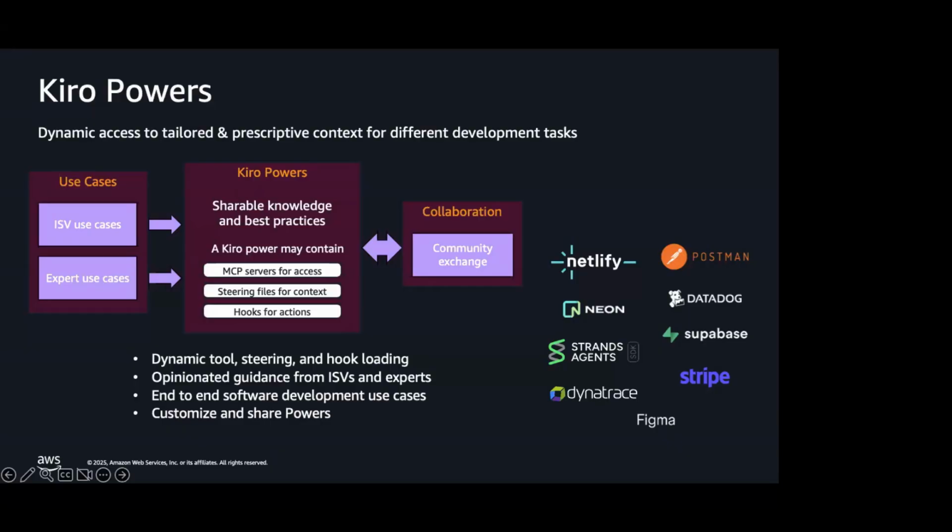To give you an example, you will see that a lot of these agentic IDEs or auto code generators do a really poor job when doing UI development or API development and such, right? And maybe you already have a design system which you have created using Figma. So how do you let your tool know to use Figma for all your UI designs? And that is where Kiro powers comes in.